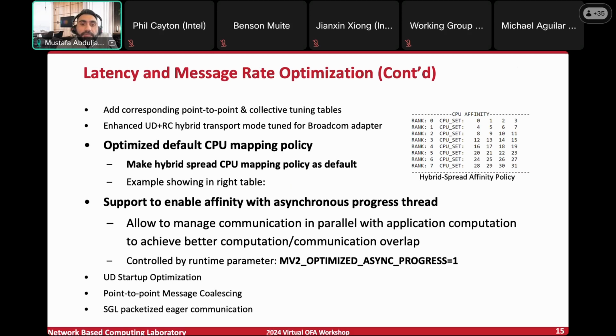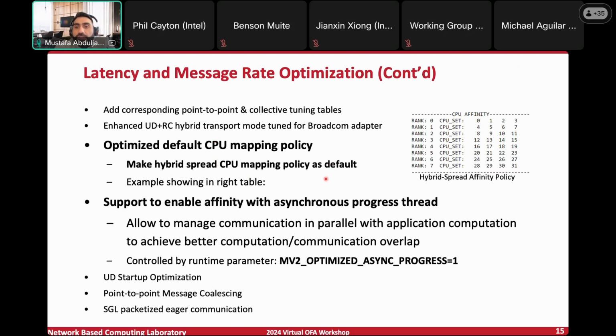Additionally, we have our next latency reduction scheme, which is optimizing the CPU binding policy. This technique is crucial, especially in many-core architectures, due to the complex data paths. On this particular setup, we have opted for a hybrid spread policy.